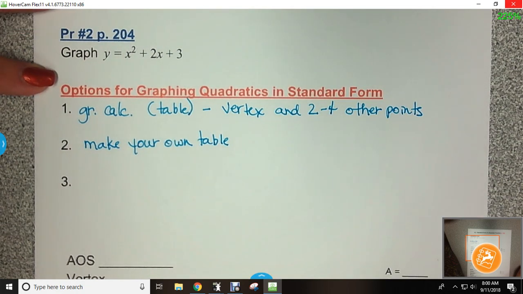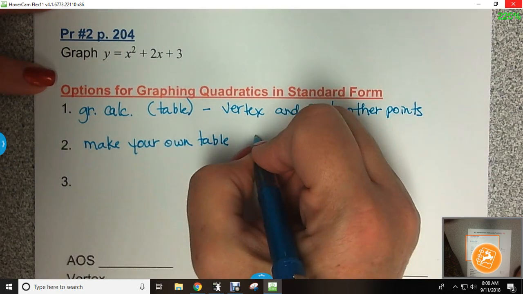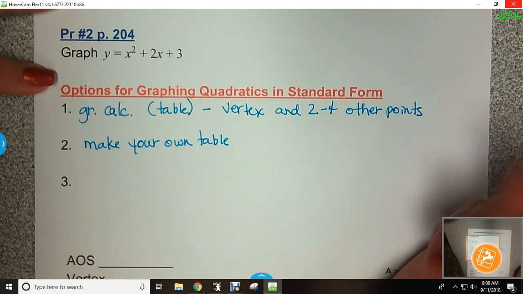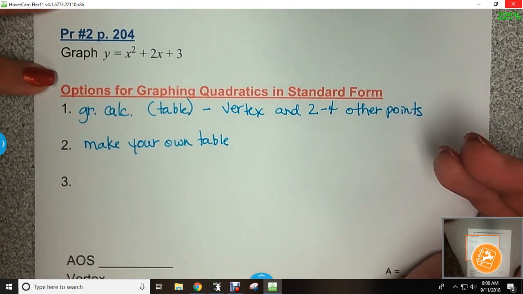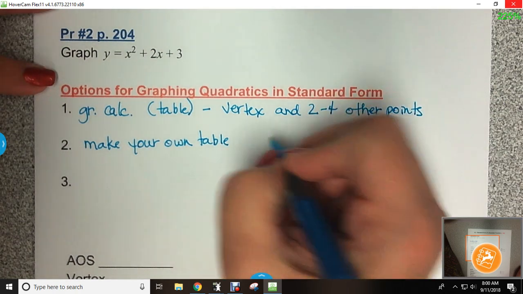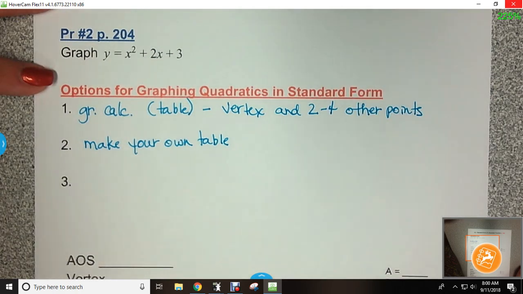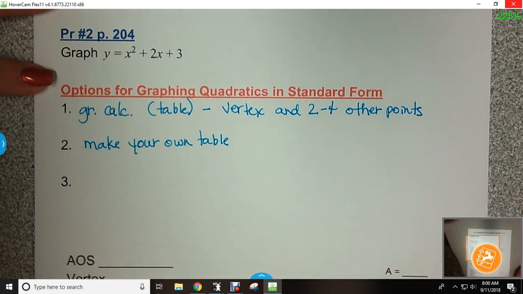And what I recommend here is go ahead and find the vertex like we did in the last video, or at least find your axis of symmetry, and then choose 2 to 4 other x values and make your own table.